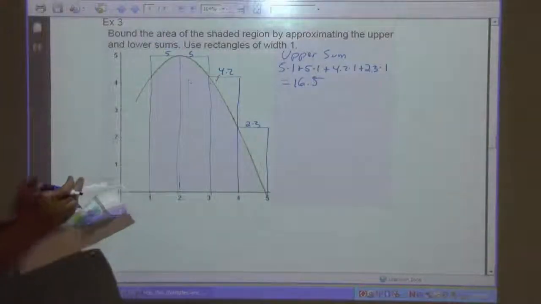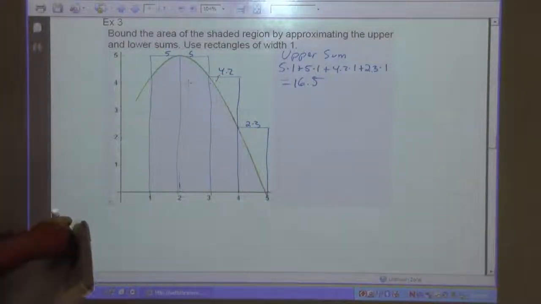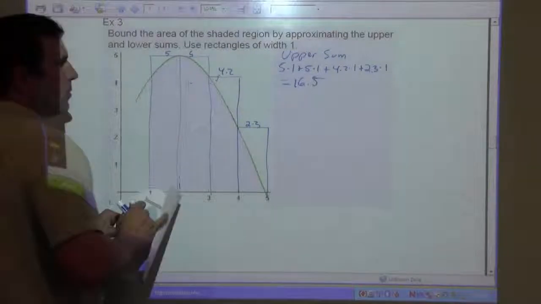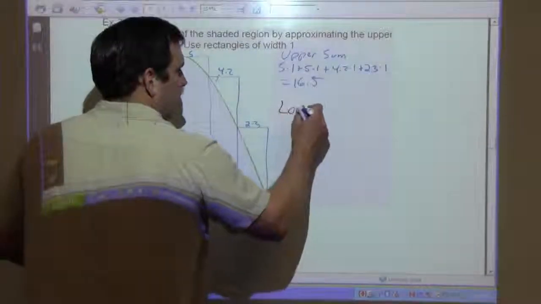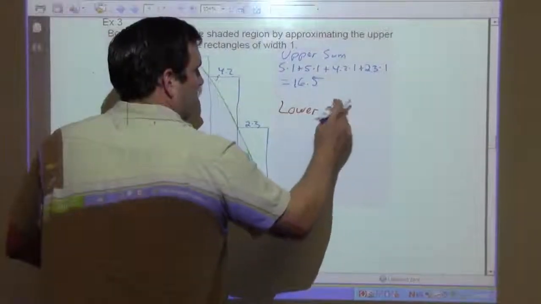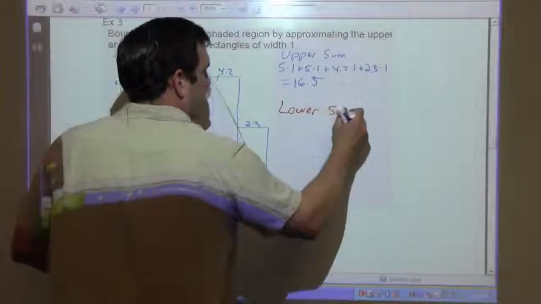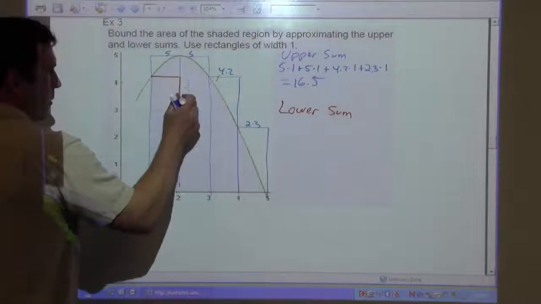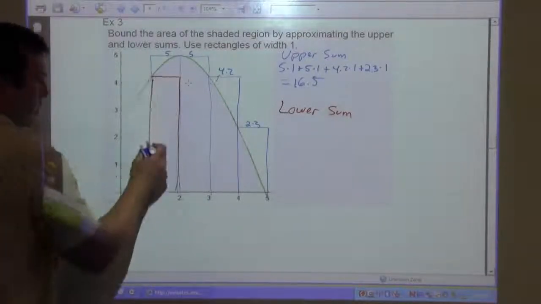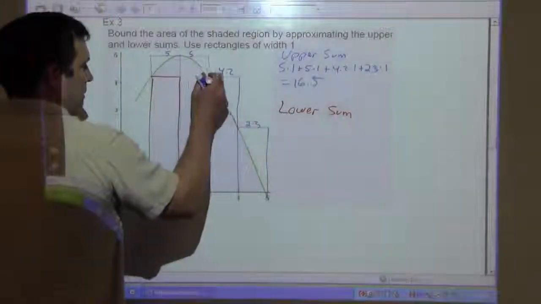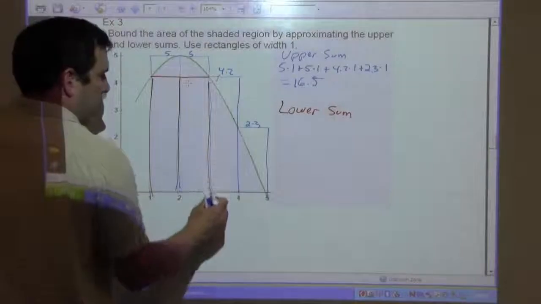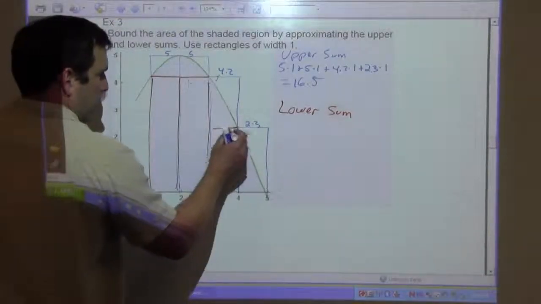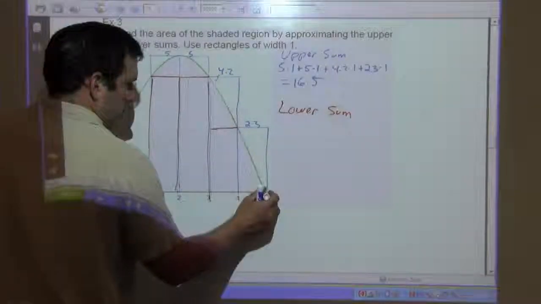Now we'll do the lower approximation in orange, because I like orange. Lower sum. So we're going to go to the lowest point in each rectangle. And then we're down to 0.